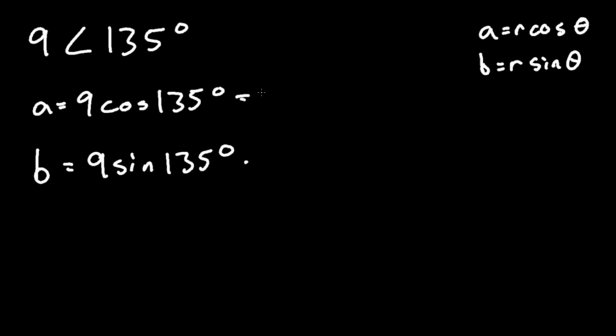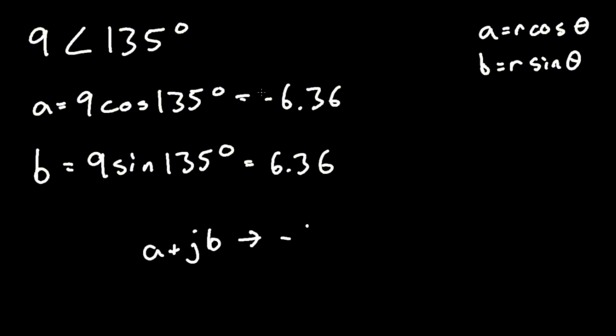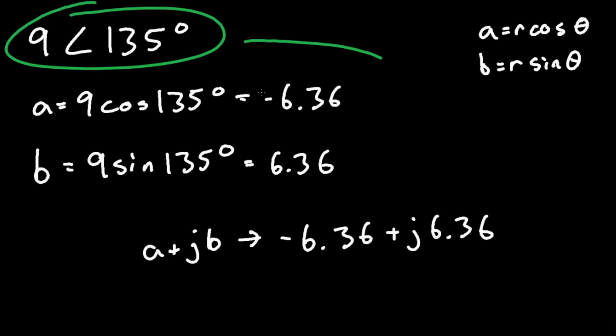All we need to do is evaluate this in a calculator. 9 cosine of 135, 9 sine of 135. So you get negative 6.36, and you also get 6.36 here. So a plus jb turns into negative 6.36 plus j 6.36. And these two are equal to each other.